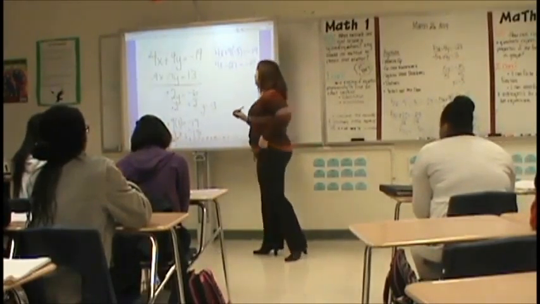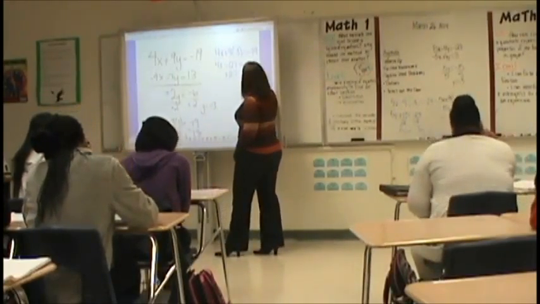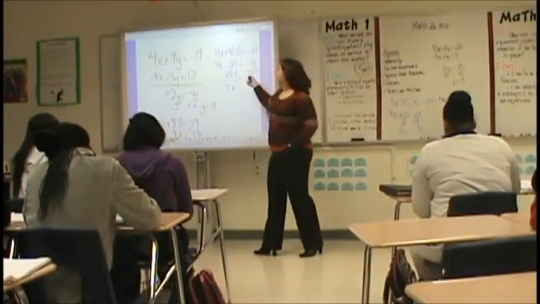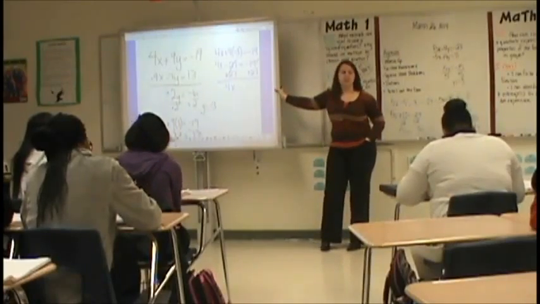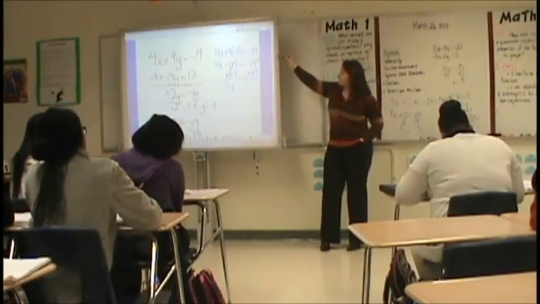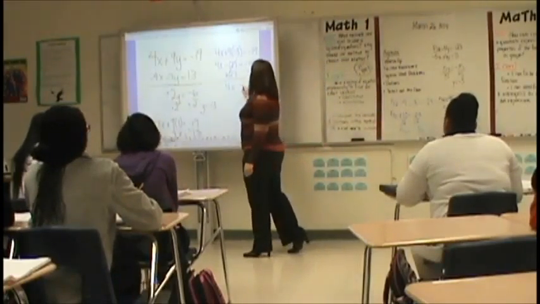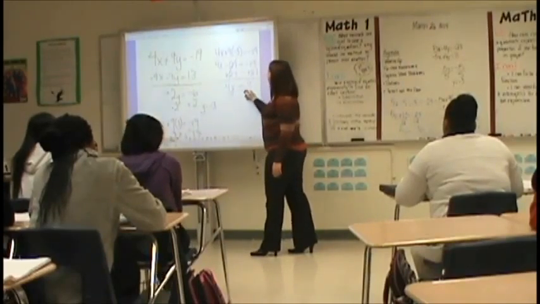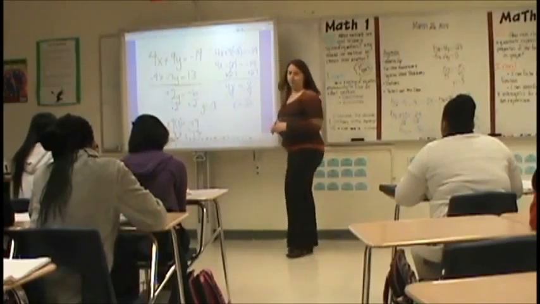And now we're adding 27. So we got 4x. Do I really want to look at this as negative 19 plus 27? What's the easier way to look at that? 27 minus 19. What's 27 minus 19? 8. Divide by 4. X equals 2.